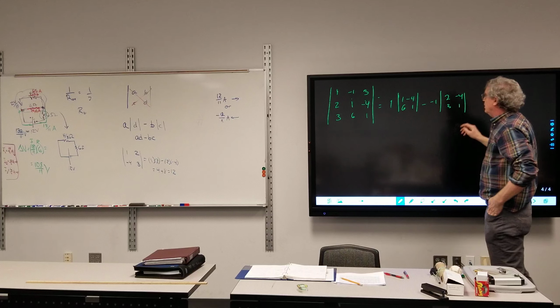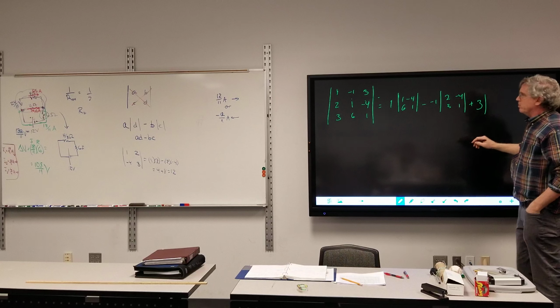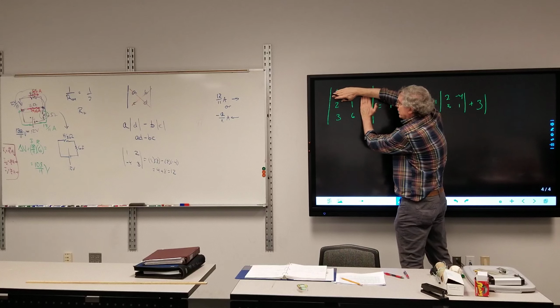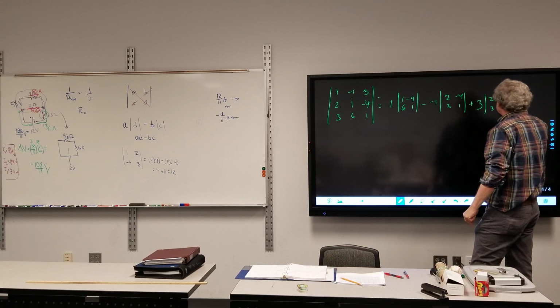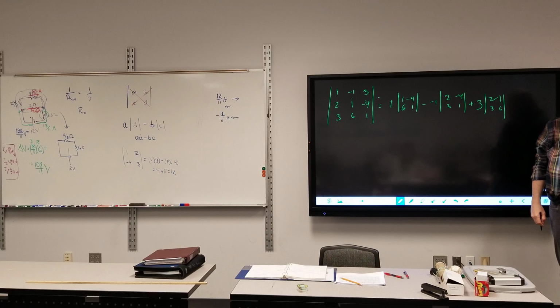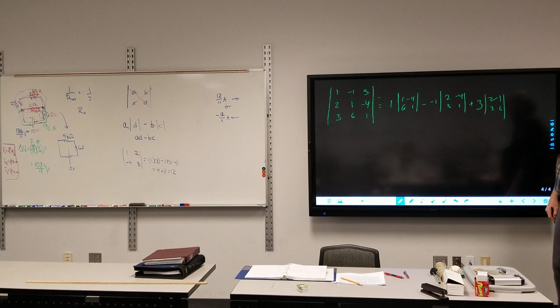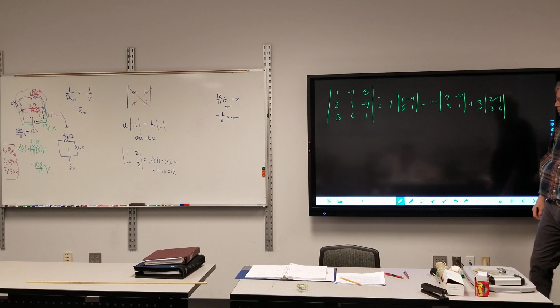Plus, because I'm alternating, 3 times the determinant. If I cross out that row and column, 2, 1, 3, 6. And we now have 3 different 2 by 2s.